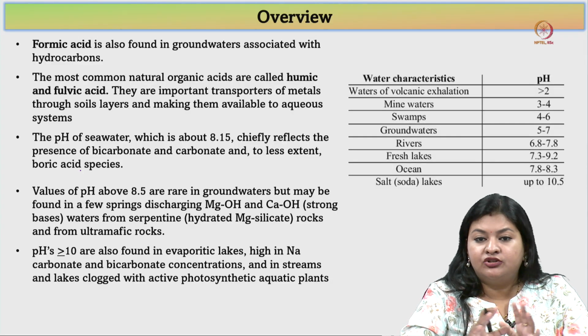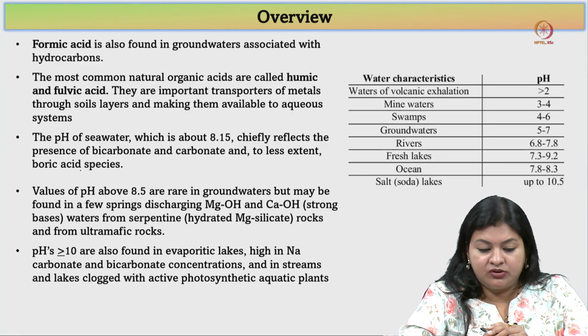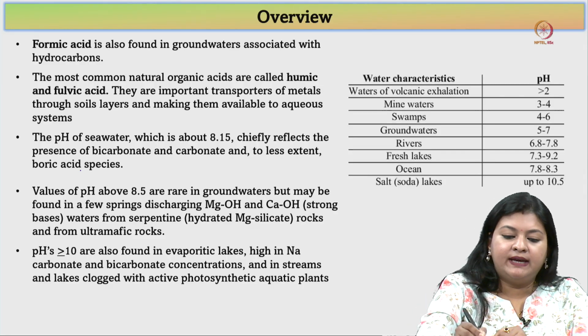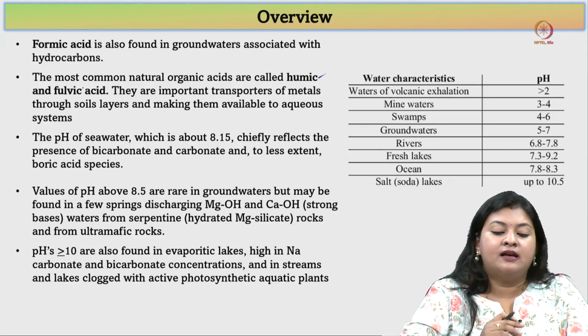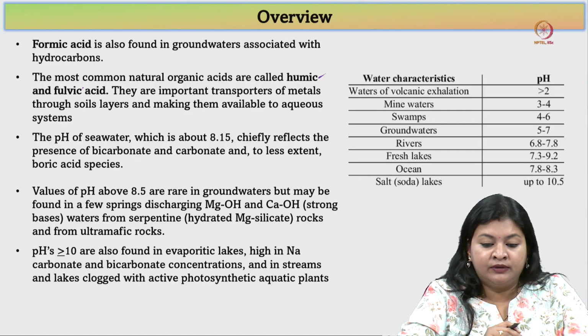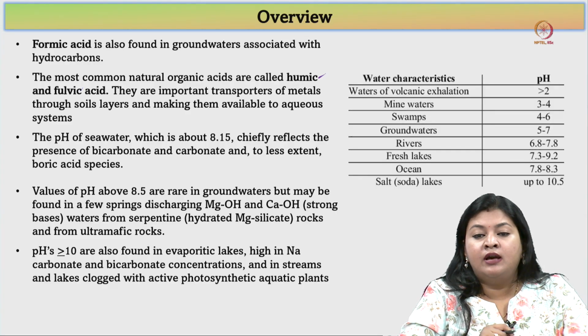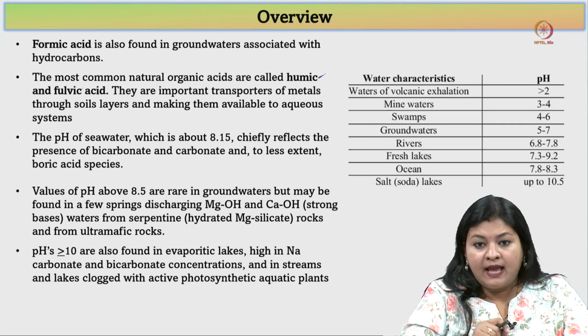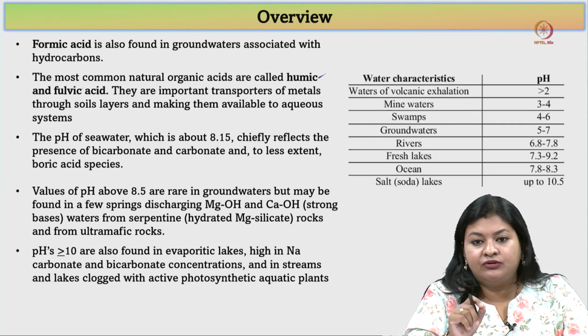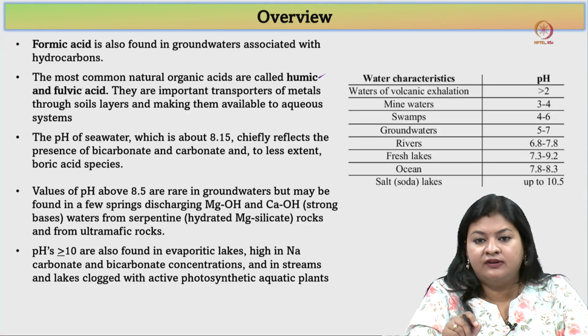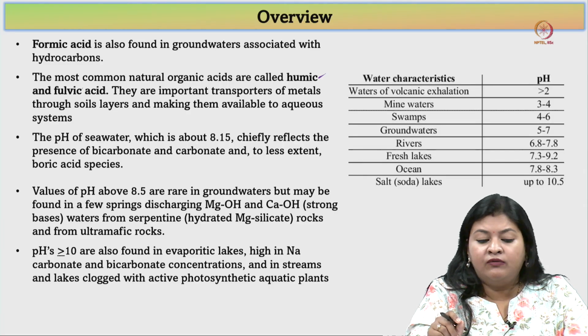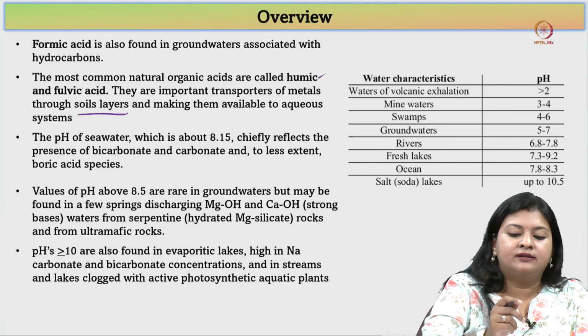For natural organic matter decomposition, humic acids and fulvic acids are very common. And they are very important because they can form complexes with the metals and help in the transfer and mobilization of these metals along the soil layers.